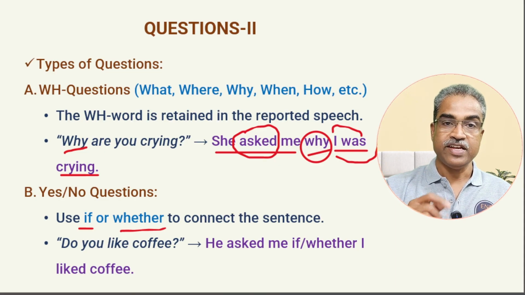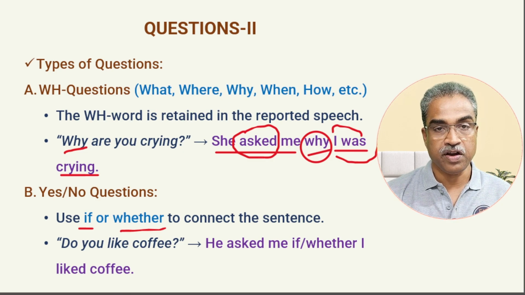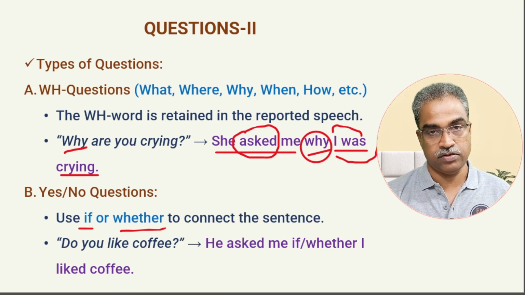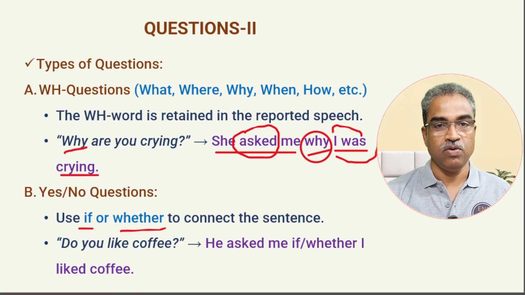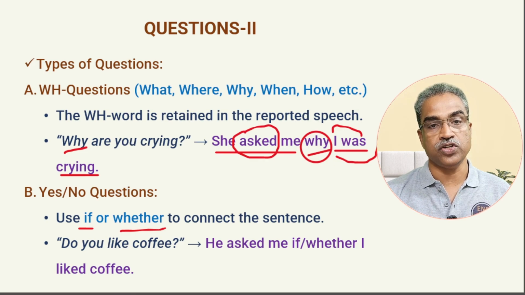Next one, yes, no type question. For example, do you like coffee? The answer is always yes or else no. If I ask you, why are you crying? You cannot say yes or no. Why is asking for information, asking for a real answer, the reason for your crying.